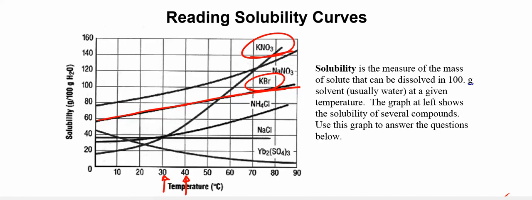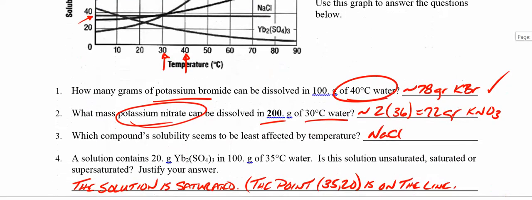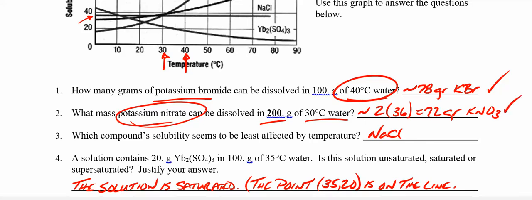I'm going to estimate that to be roughly 36. Remember, I have to double it because I'm being asked about 200 grams of water. So I say 2 times 36, or about 72 grams of potassium nitrate, is the maximum that can be dissolved in 200 grams of water at 30 degrees. And I'm done with number 2. Let's look at number 3.